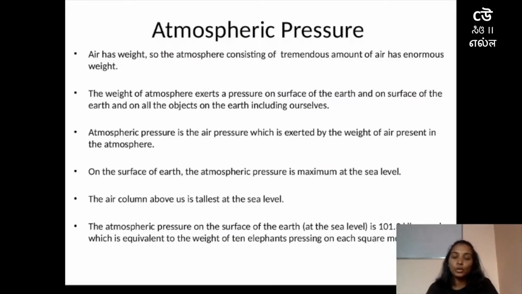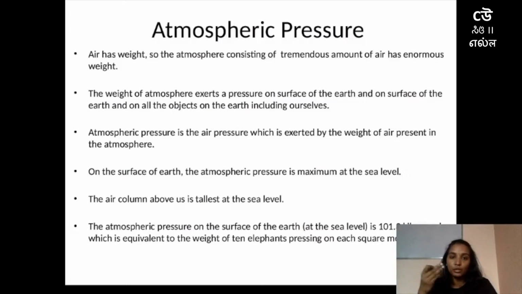I told you atmospheric pressure will be maximum in the surface next to the earth's surface, that is the troposphere. Why? Because there the density will be more. So by considering this concept, try to answer this question. You and your friend have gone on vacation, where you are at a beach and your friend is at a hill station.